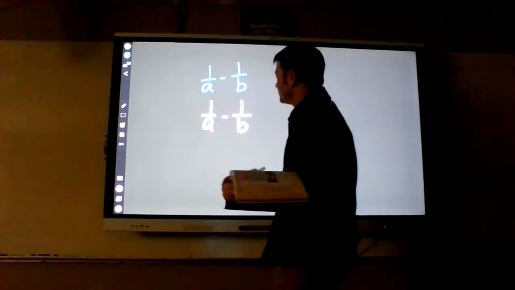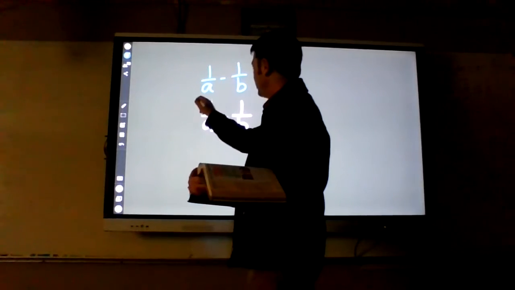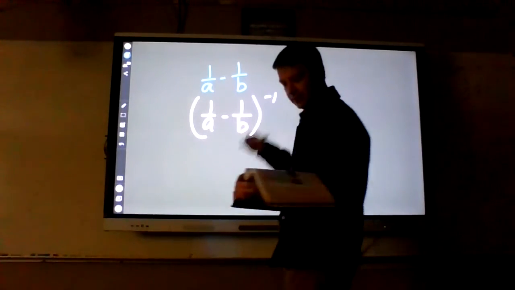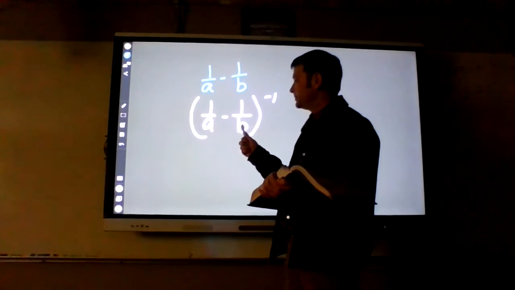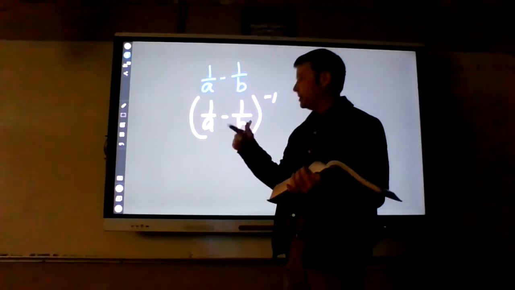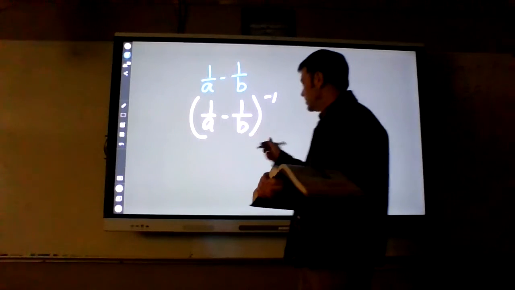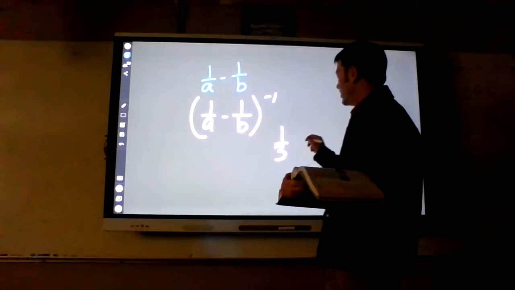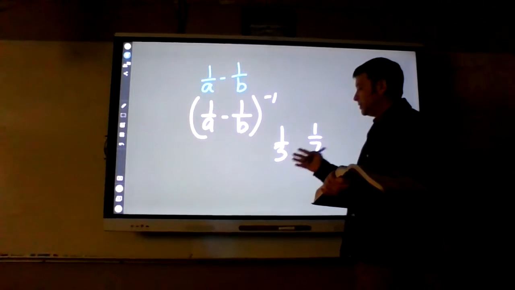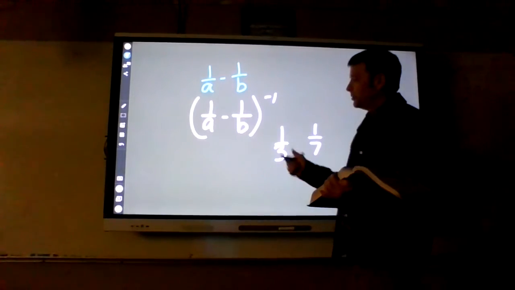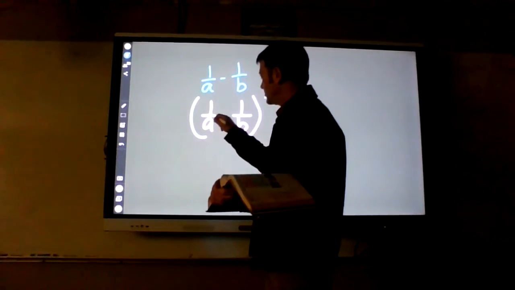Okay, how do I put those two together? What's the common denominator between a and b? AB. Whatever a times b is. Like with 3 and 7, what do 3 and 7 go into? 3 times 7, 21. What do a and b go into? A times b.